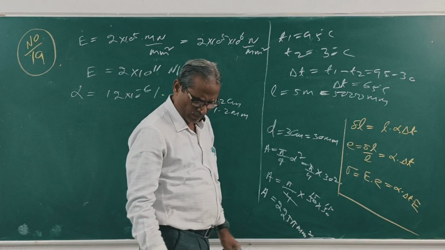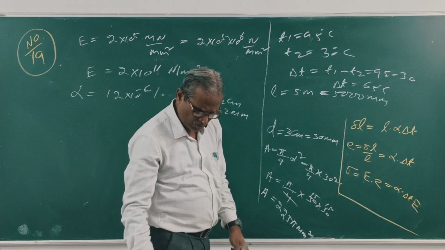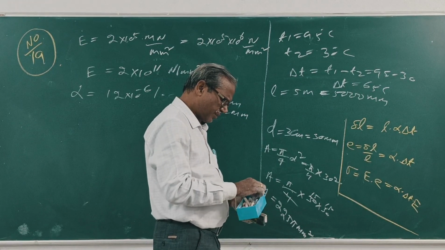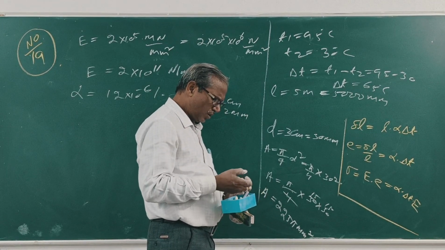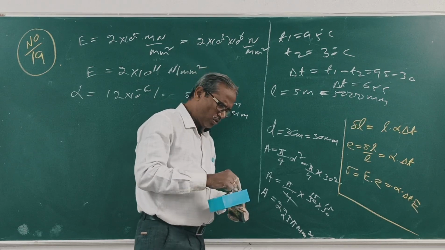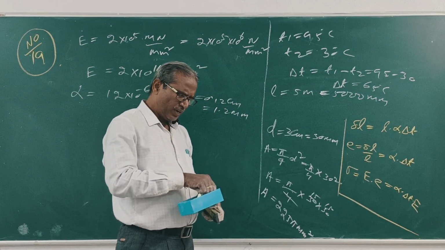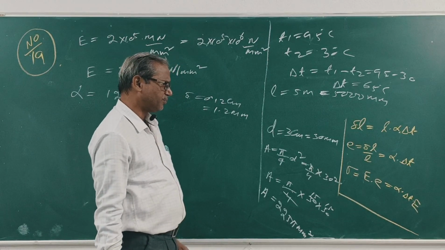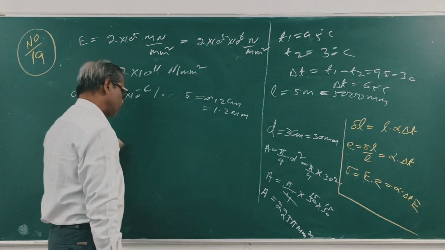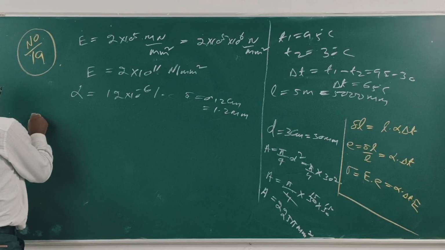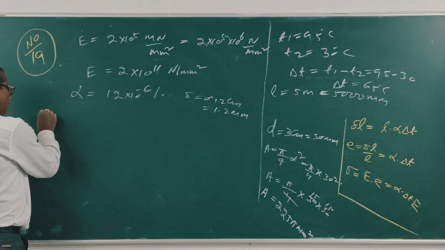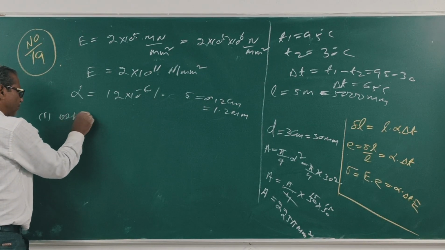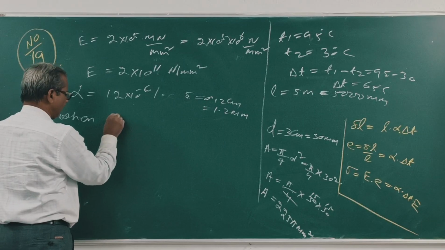Now two cases will arise. Case 1, not yielding. Case 2, when the supports yield by an amount of 1.2 mm. So case 1, when not yielding.